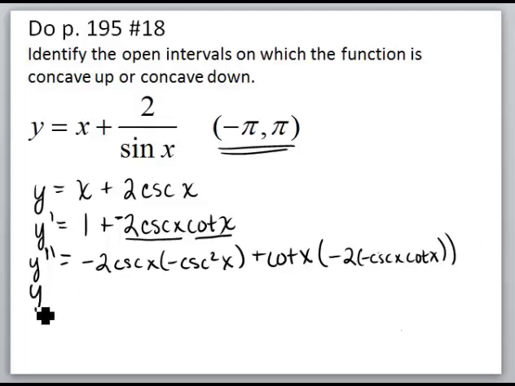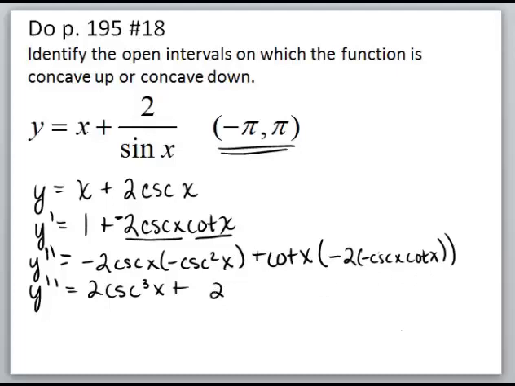Well, this will simplify to give me a positive 2 cosecant cubed, because I've got 3 cosecants. A negative times negative 2 is a positive 2, plus I have negative 2, and then inside of here, actually that changes to positive, because then negative 1 times negative 2 is a positive 2.